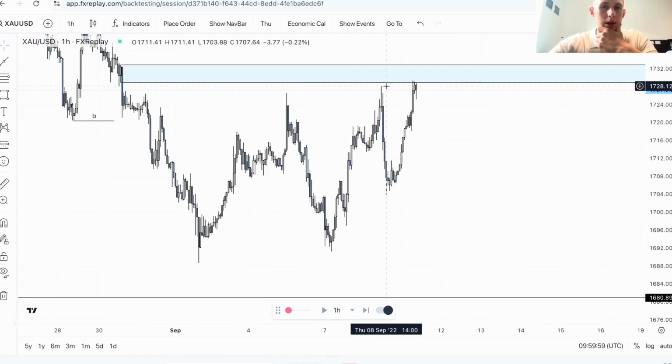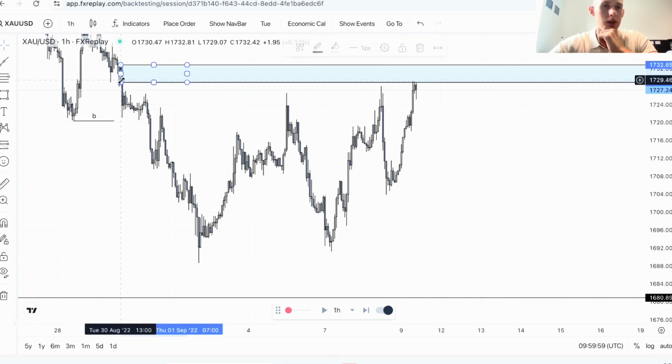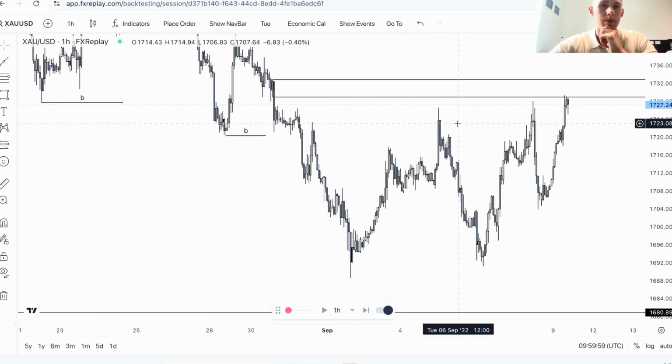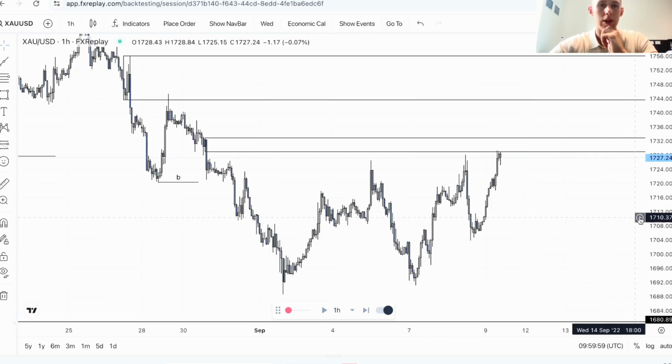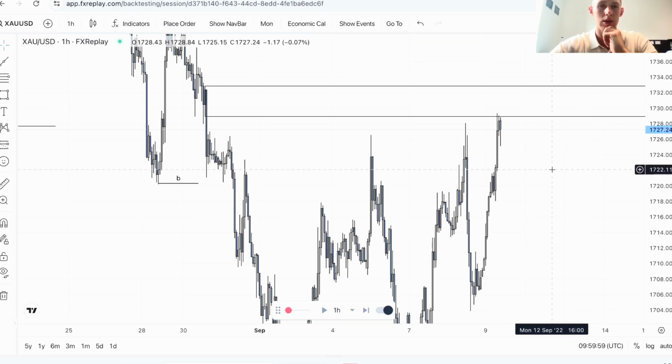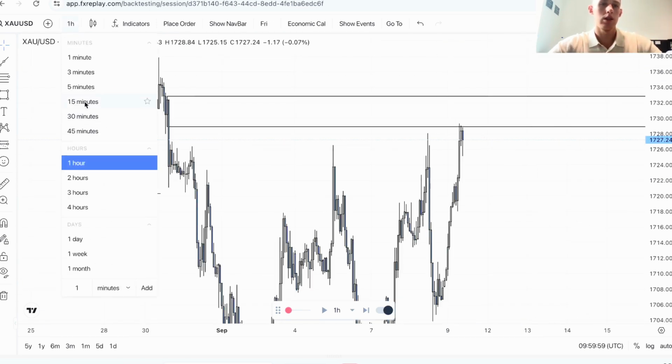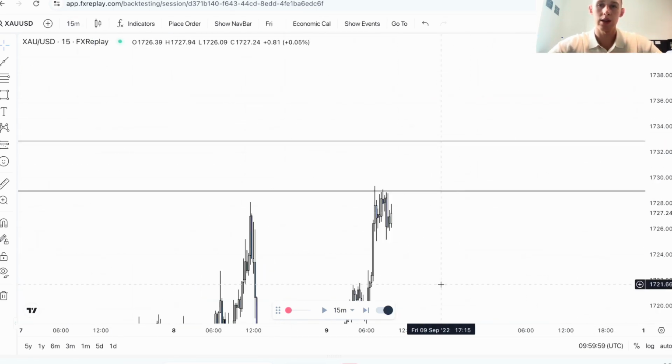Okay, so we still have this region. Price has swept this high into it. So I'm liking this at the moment. Decent amount of liquidity has been taken out. Let's see how it reacts.